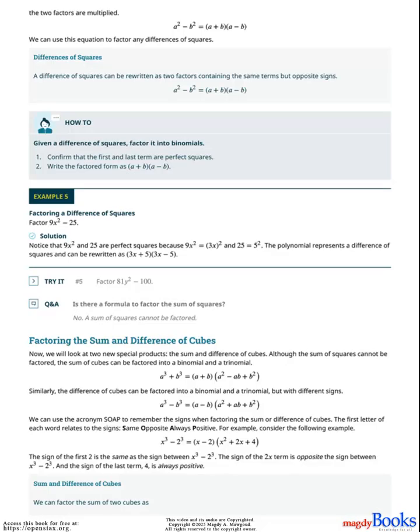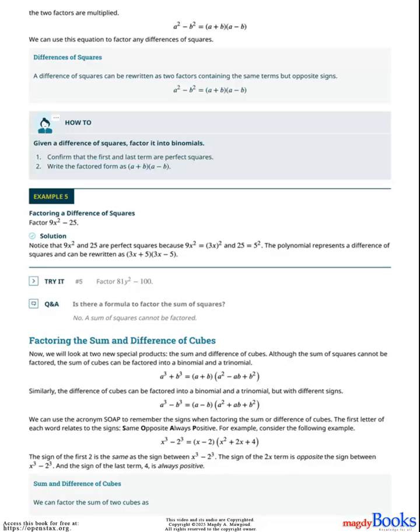A. Differences of squares. A difference of squares can be rewritten as two factors containing the same terms but opposite signs. a squared minus b squared equals (a plus b) multiplied by (a minus b).